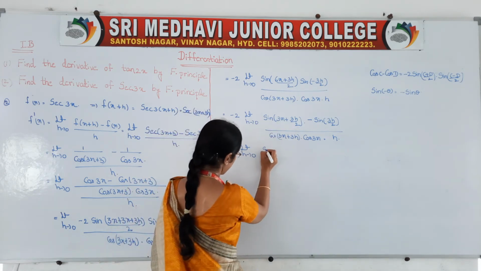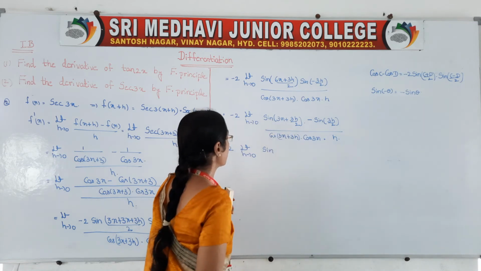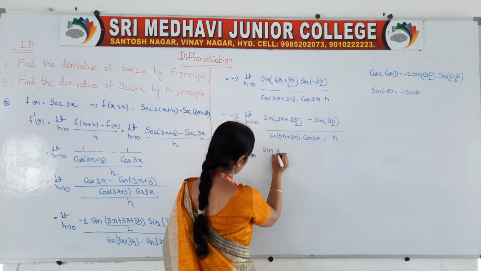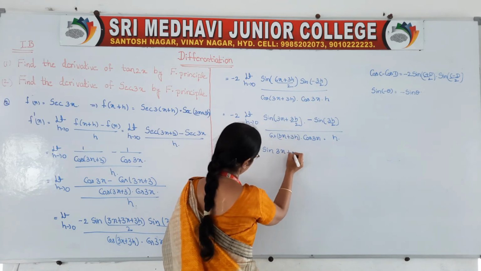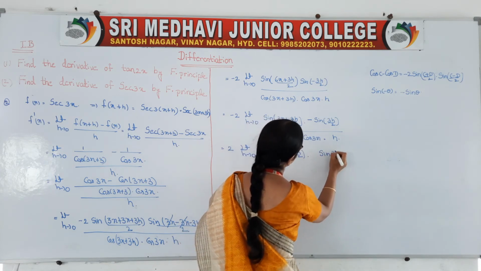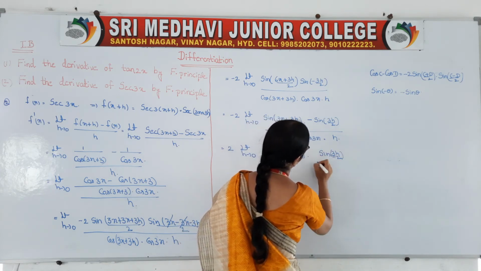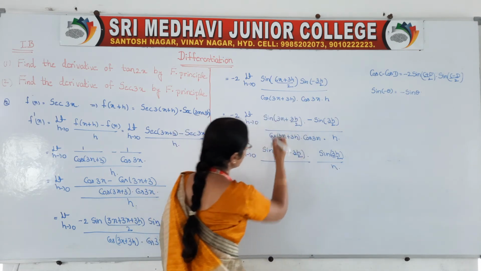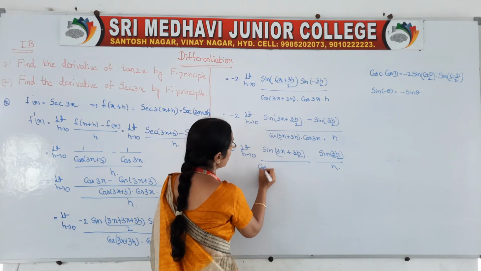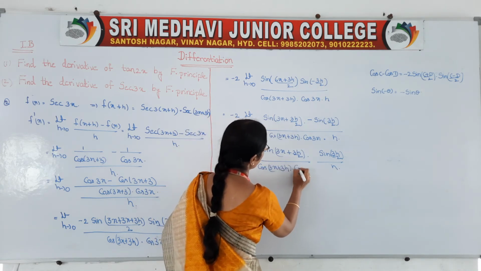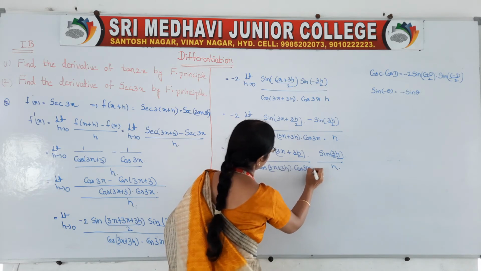Otherwise first you write down, then you can apply. Here you write separately sine 3h by 2 by h, divided by cos of 3x plus 3h into cos 3x.